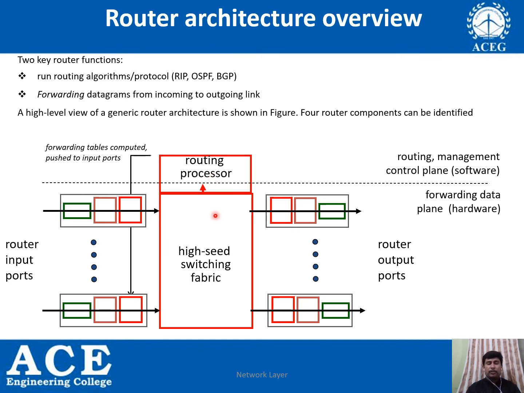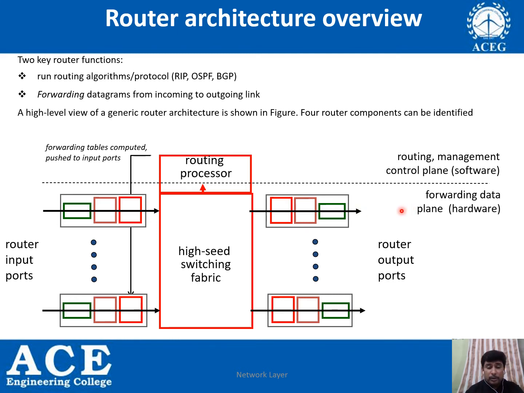Based on the route selected by the algorithm, the appropriate output port out of the n ports available has to be identified, and that datagram will be forwarded from the switching fabric to the concerned output port, from which it will be forwarded to the next router, or sometimes, if it is the destination, it will be connected to the destination.